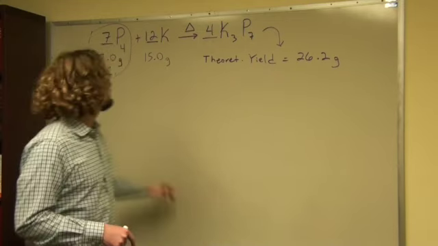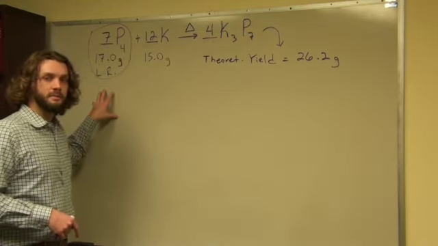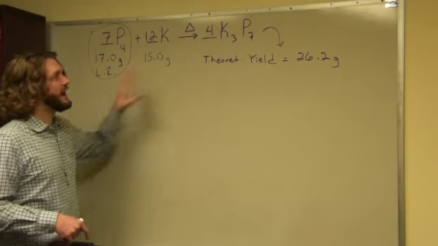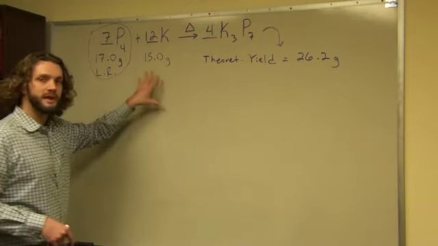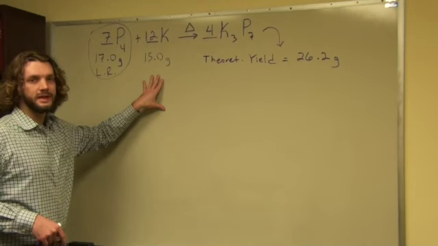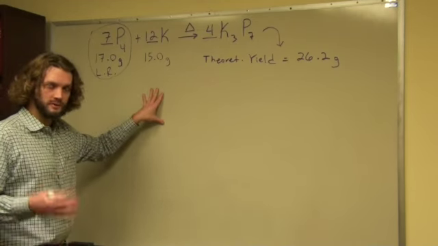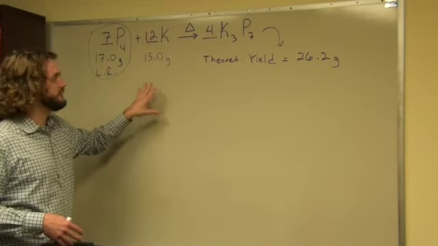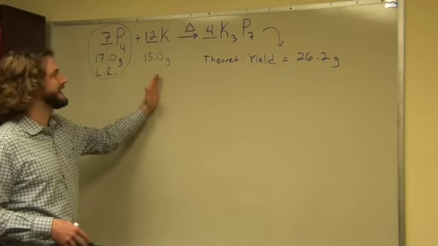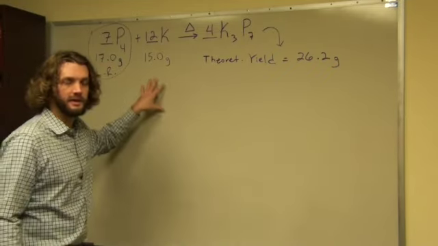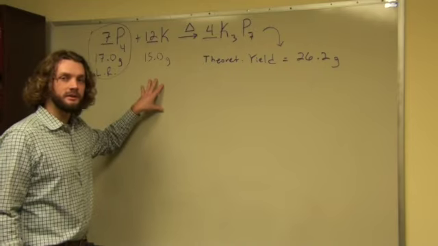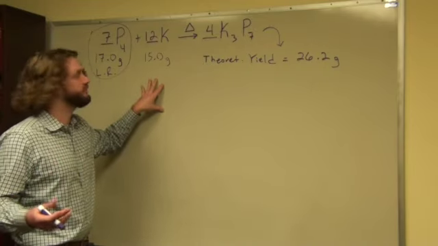One method would be to take the limiting reactant amount and convert that not to the product but to the other reagent, right? So we take grams of P4, go to moles of P4, so we're doing stoichiometry. Then we use the mole ratio of P4 to potassium to figure out how much potassium we need to add in to leave no leftovers, okay?